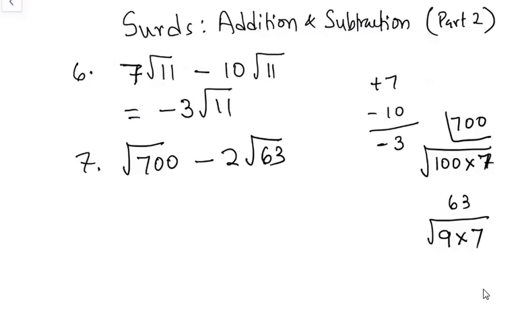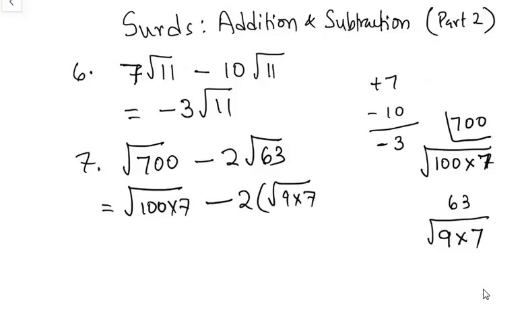Stop, ask yourself for two factors that can multiply to help me get to this number. So now we have 100 times 7. And here we have 2 into 9 times 7. So we'll break this further.